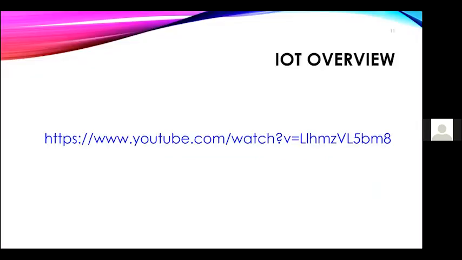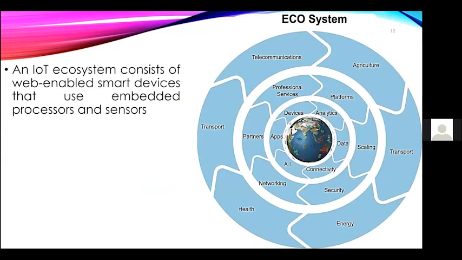So we are landing again to the PPT, right? Here we have the ecosystem of IoT. What is the ecosystem of IoT? So IoT basically is, this is our globe, right?